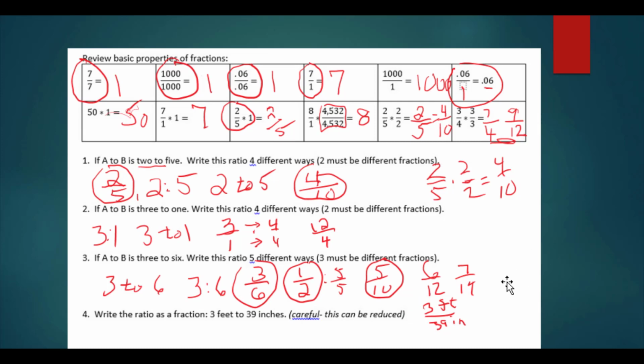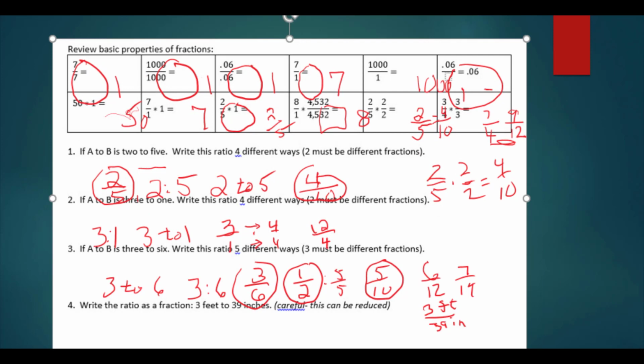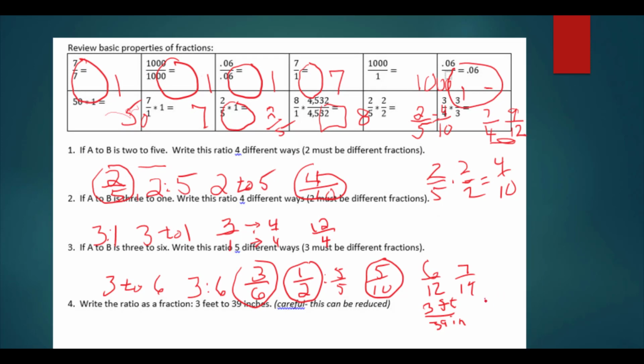Well, if I divide both sides by 3, I'm going to get 1 foot to, how many is that? 13 inches. And that's the same ratio. These ratios are the same.